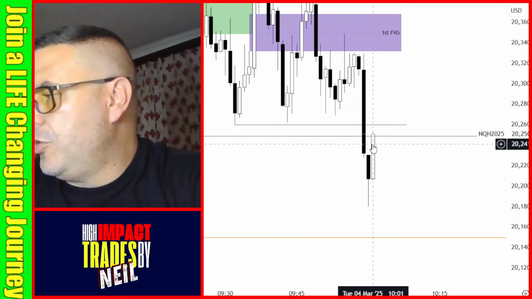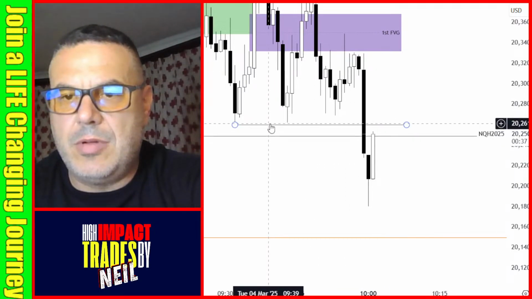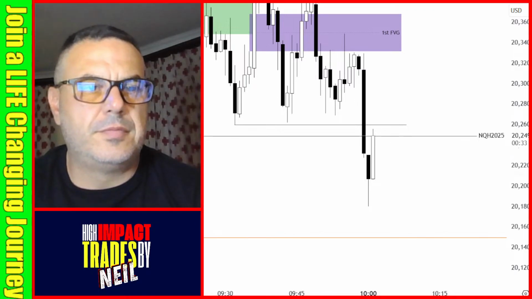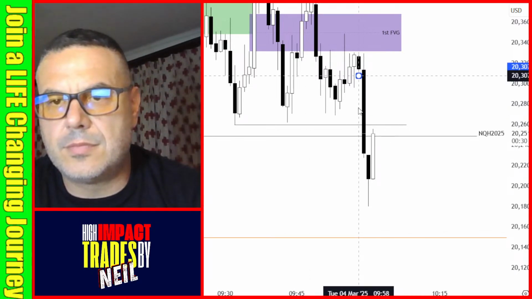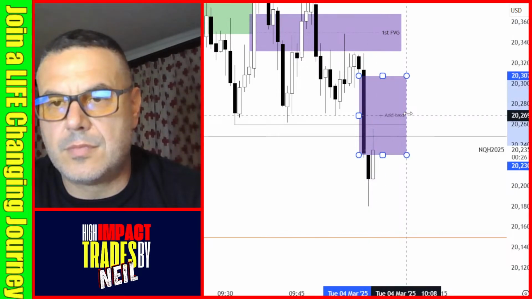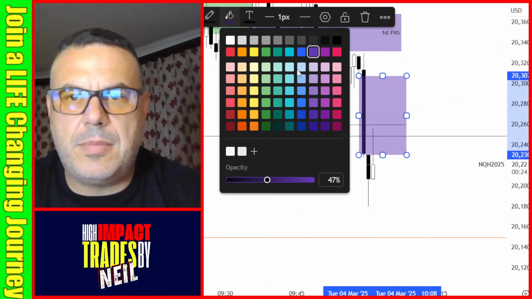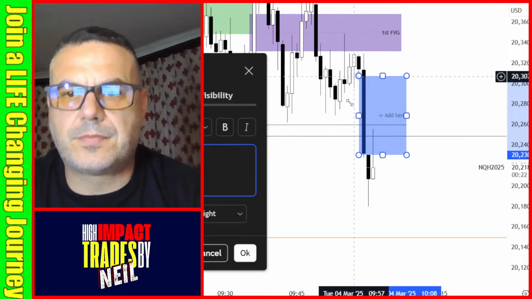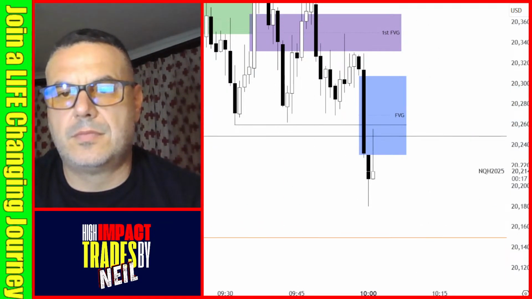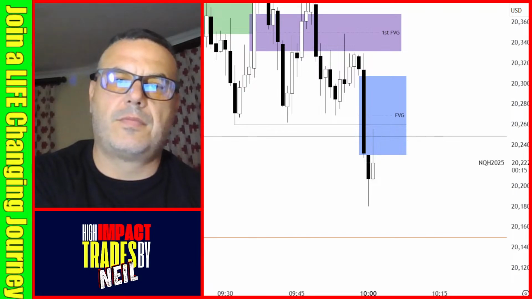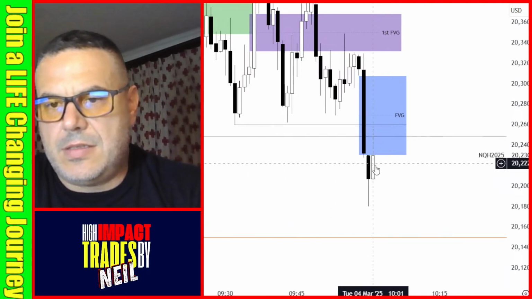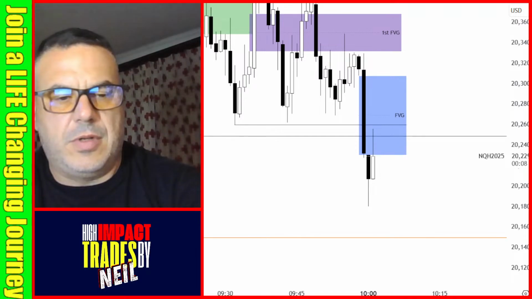This could just be the pullback to test the liquidity levels and then drop lower. This is a fair value gap. Right, let's see if this price wants to push it down to that 150 level now.